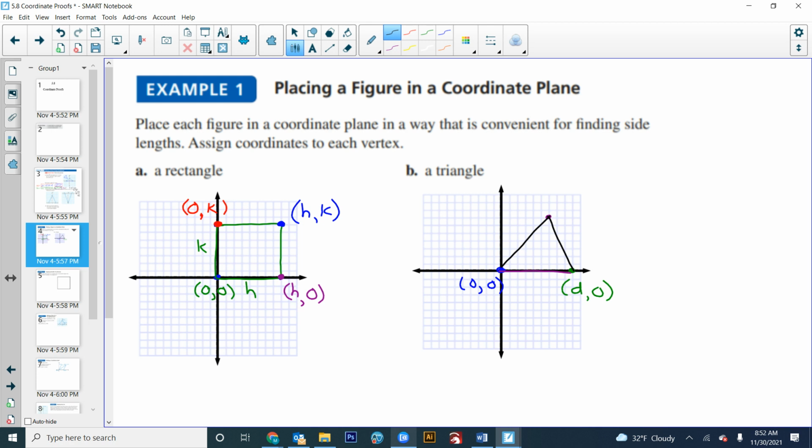Now, here's where students struggle. I get what you guys are saying. Trust me, I get it. The point we're putting it at isn't really the point we're putting it at. We're going to call it something, comma, something, and those variables, by definition, vary, they change.